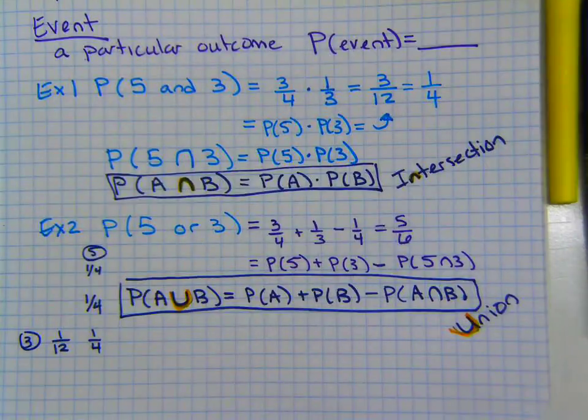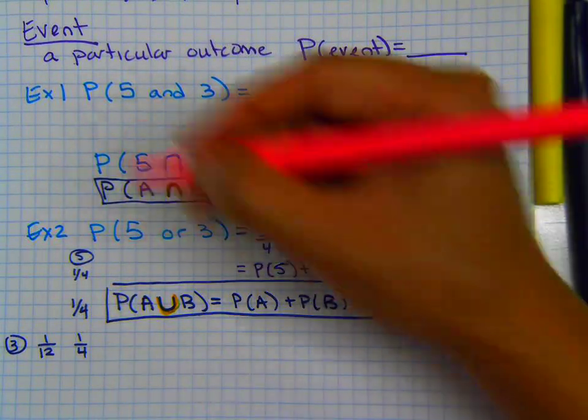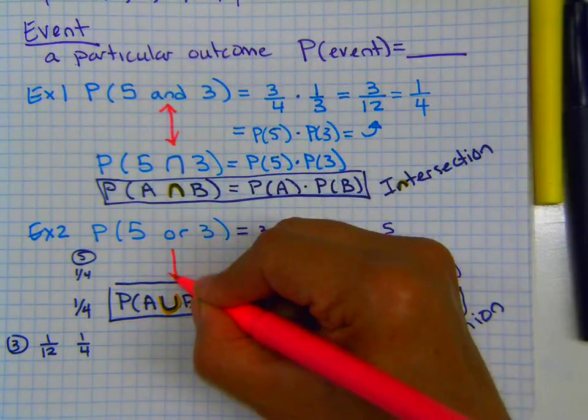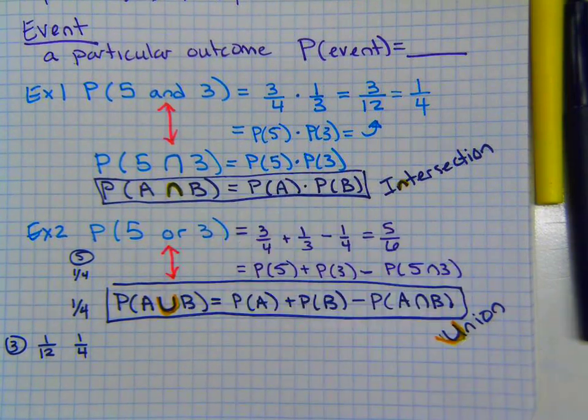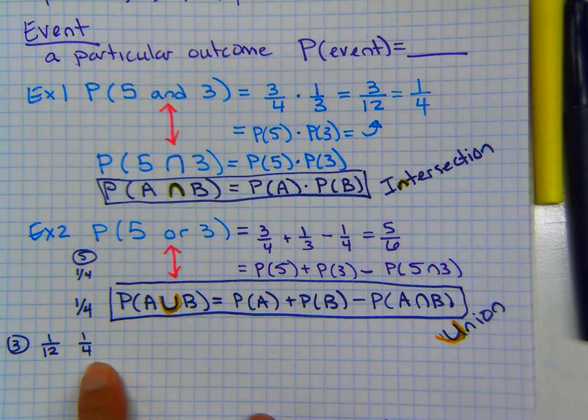All right. Now, one of the things that I want you to make a strong connection to is that intersection and 'and' go together, and 'or' and union go together. There is more than one way to find the union. This is the general formula: the probability of A plus the probability of B minus the overlap.